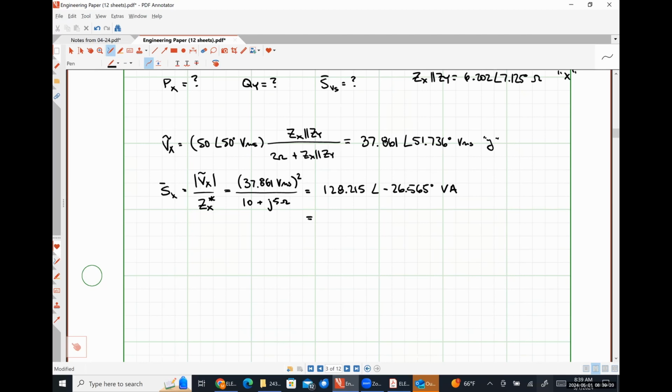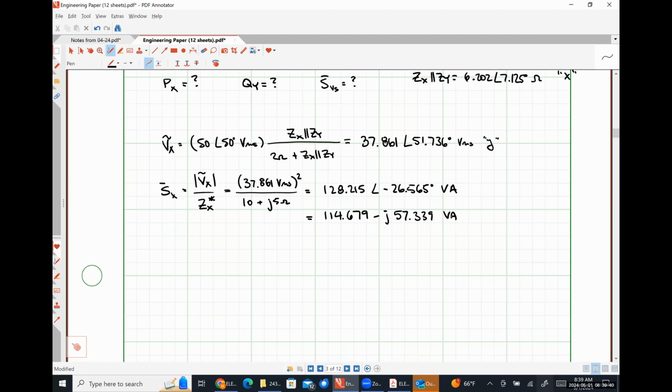And converting this into rectangular form, we get 114.679 minus J57.339 volt amperes.